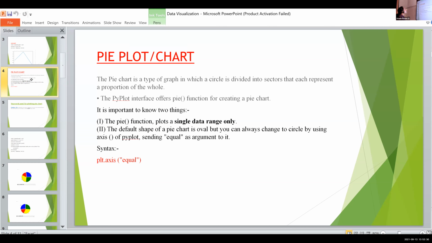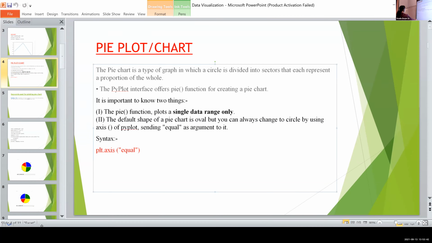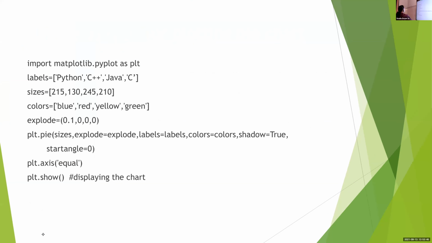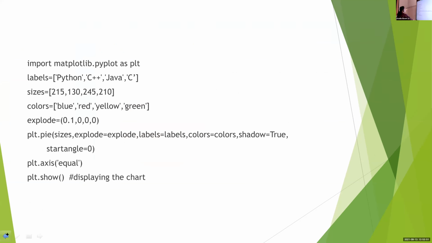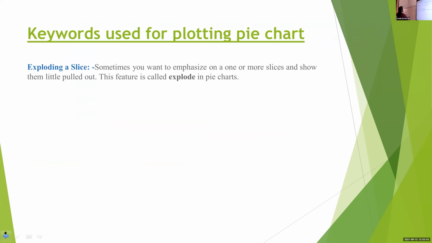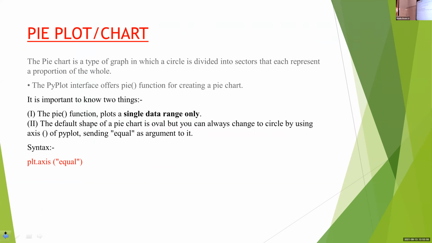First, in this chapter we are discussing the pie plot or pie chart. Okay, what is a pie chart? This is a pie chart. If you want to represent some data using a pie chart, we use pie plot or pie chart.